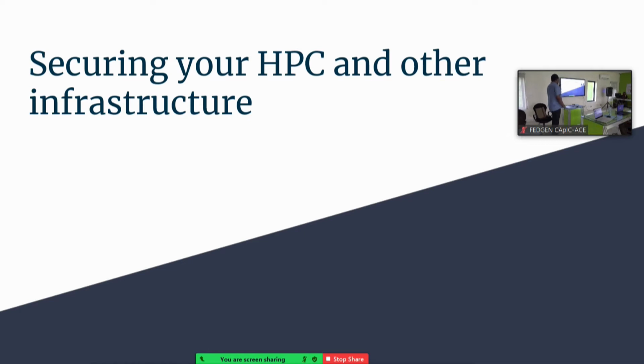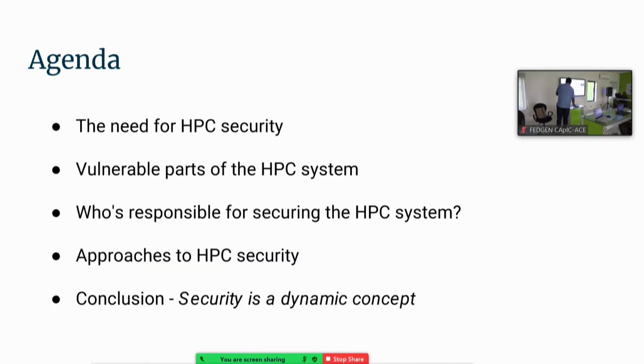Okay, so on the agenda today, we're going to briefly gloss over the need for HPC security. We'll talk about why it is suddenly necessary for us to start looking at security as a concept in HPC environments. We'll talk about vulnerable parts of the HPC system.